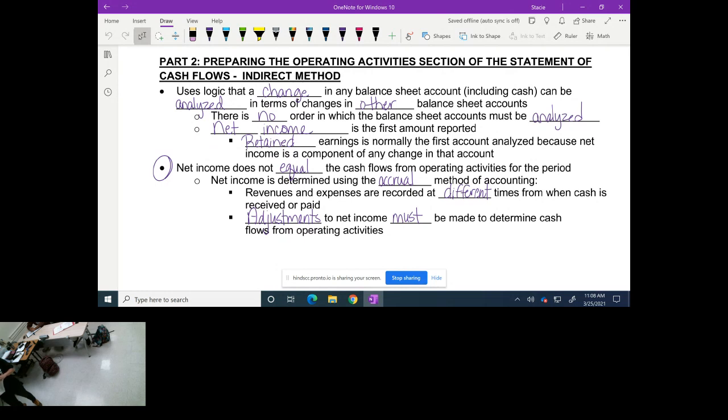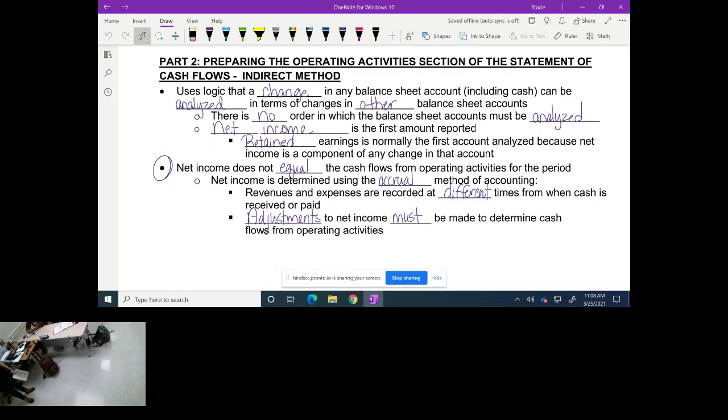If you billed a customer but they haven't paid you yet, you're going to have that revenue in there because you're going to debit accounts receivable, credit sales or fees earned or whatever to show that you have earned that revenue.